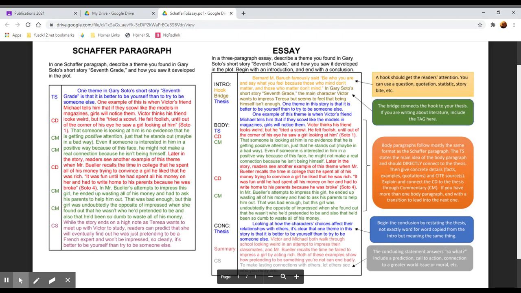Then you have all the details and examples and analysis in the body. Restate your specific thesis, broaden it by generally summarizing your evidence, and end with this broader concluding statement. So they've ended with, to make lasting connections with others. Let others see who you really are, which is a call to action, which theoretically anybody can apply to their life, right?